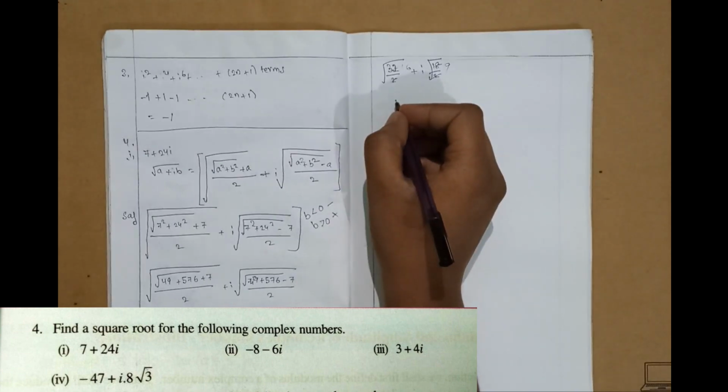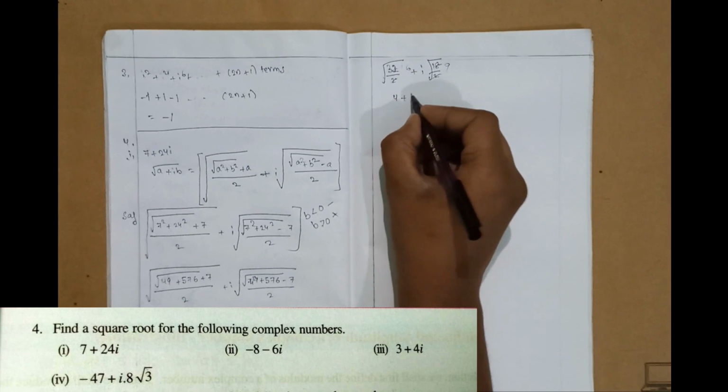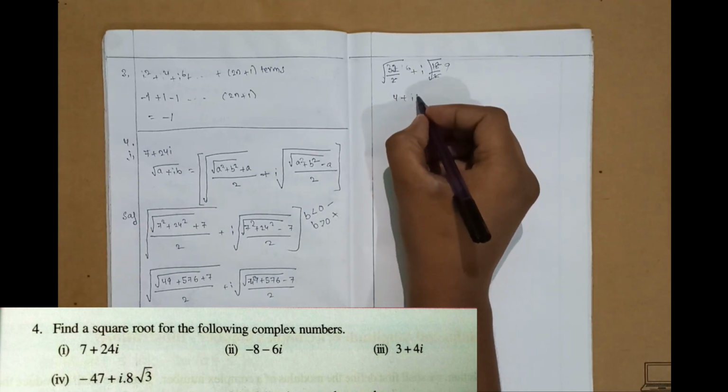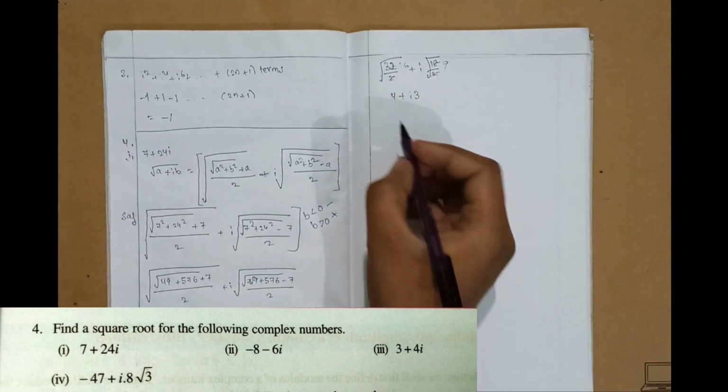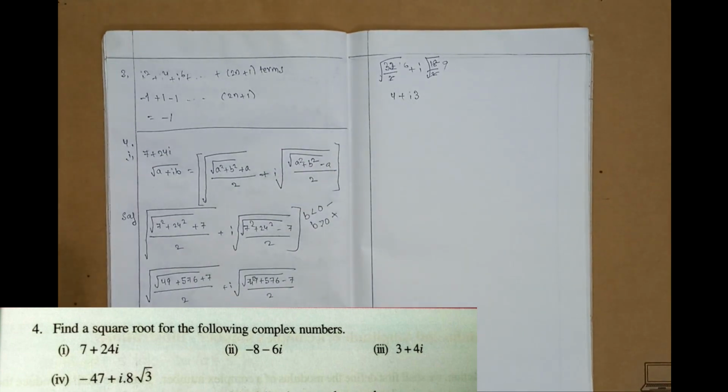Here it will become 4. Root 16 is 4 and i is 3. Therefore this is the answer. And the remaining two are very easy. You can do it as homework.